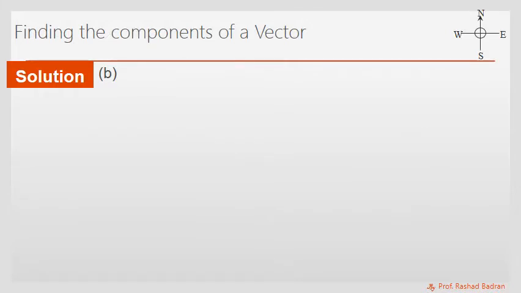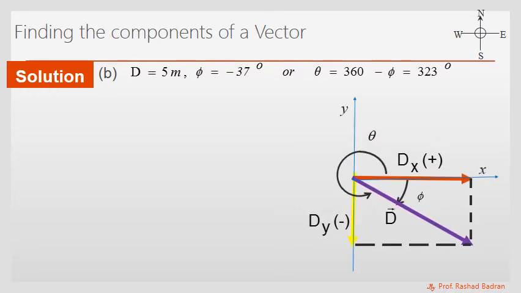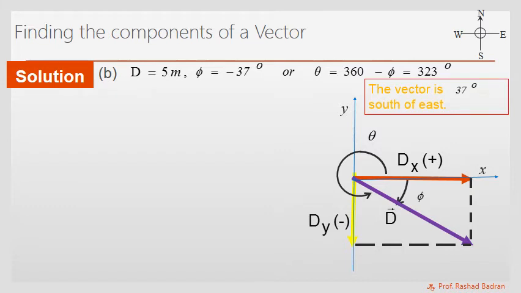Now in the second part of this example, the magnitude of the vector D is given as 5 meters with an angle phi of minus 37 degrees. Of course, the vector is 37 degrees below the positive x-axis, or 37 degrees south of east.